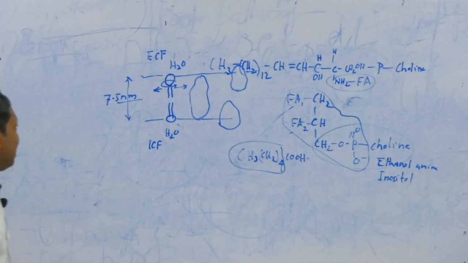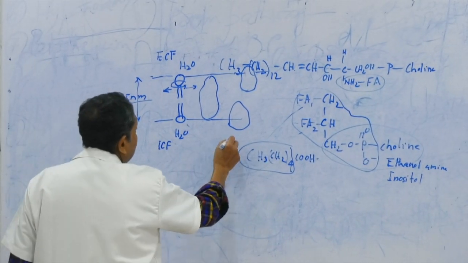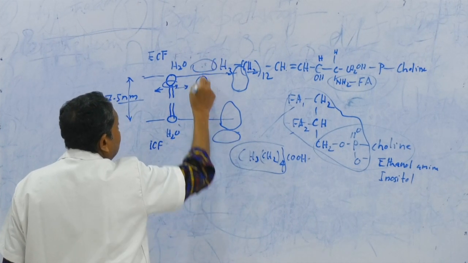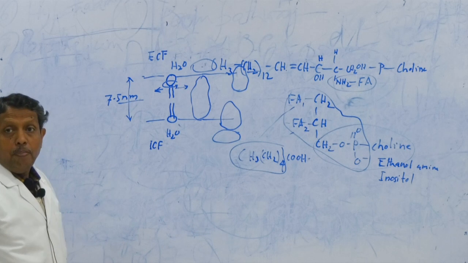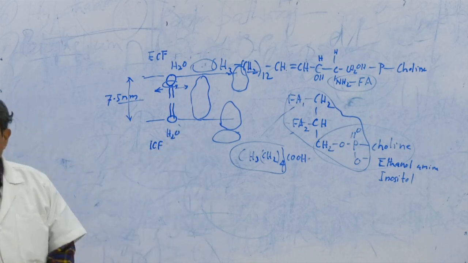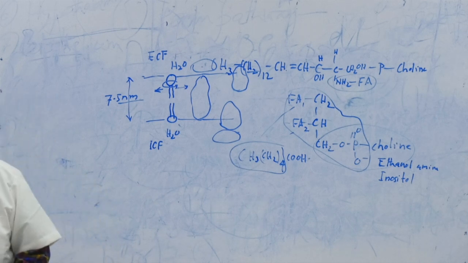And there are some proteins that start from outside. These are called peripheral proteins, and they can be removed easily by different detergents.